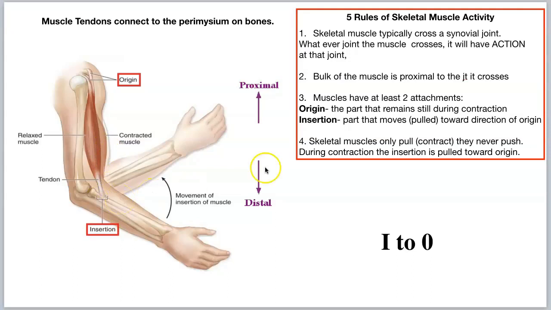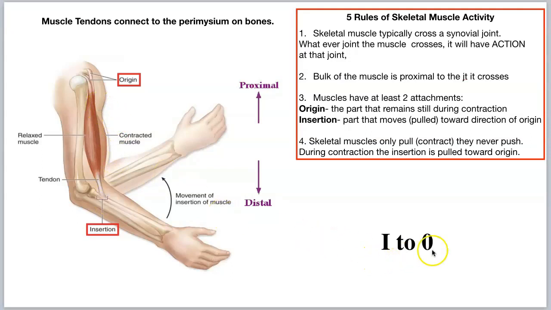Now, skeletal muscles, number 4, only pull. When they contract, they're only pulling. They never push. And once again, during contraction, the insertion is pulled towards the origin.